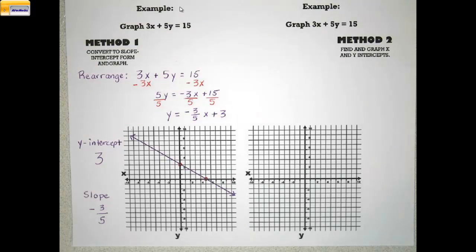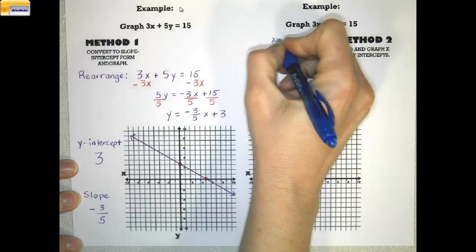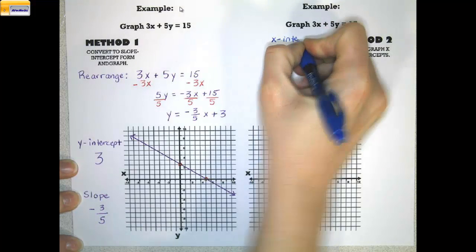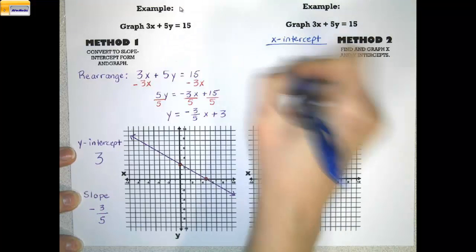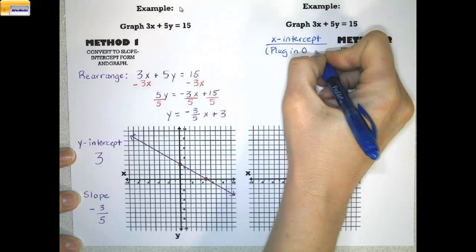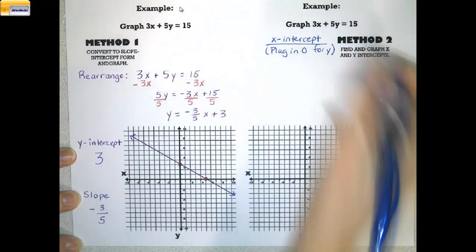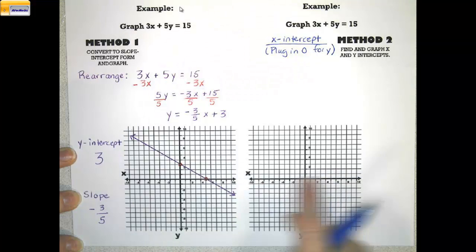We are now going to take a look at how to graph the same equation using method 2. My first step is to find the x-intercept. To find the x-intercept, what I'm actually going to do is plug in 0 for y. Remember that if I am on the x-axis, the value of y will always be 0.